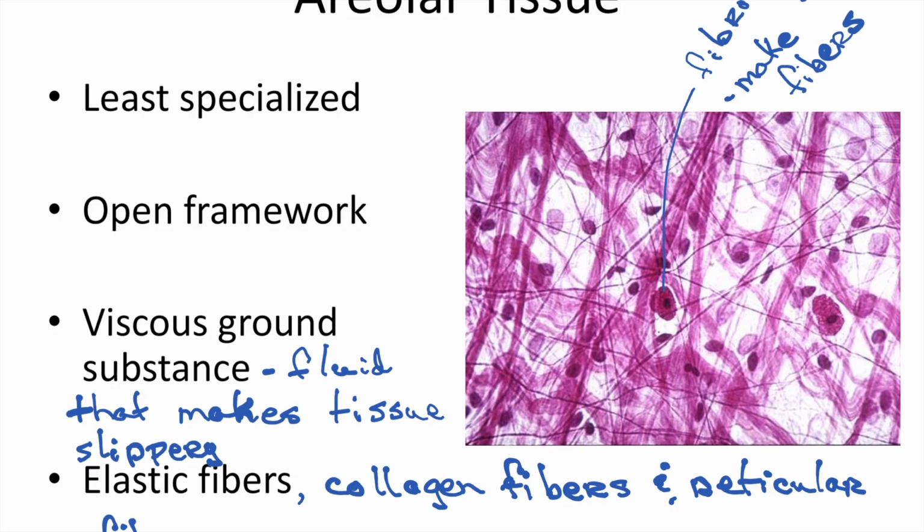And this type of tissue, when you look at it under a microscope, is never going to look identical in between slides. It's so disorganized that you're still going to see the same materials. You're going to see the fibroblasts. You're going to see the 3 fiber types. You're going to see the ground substance. But how they're put together is kind of random.